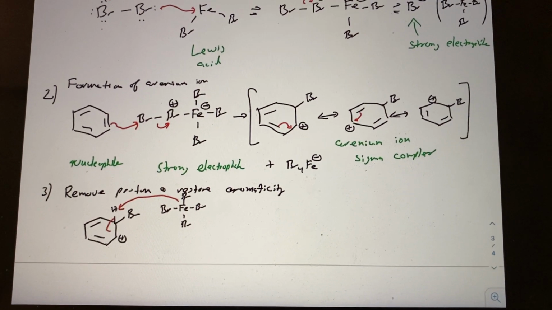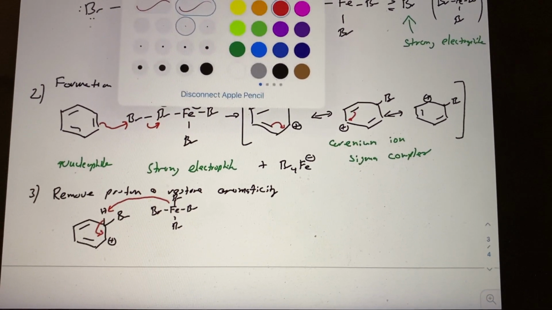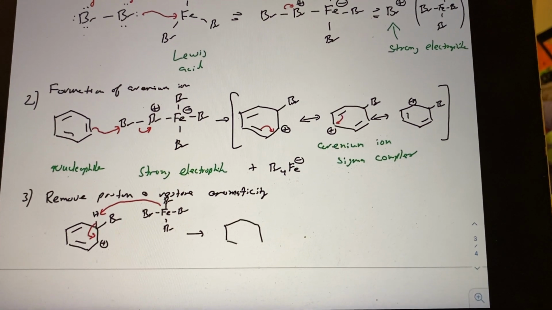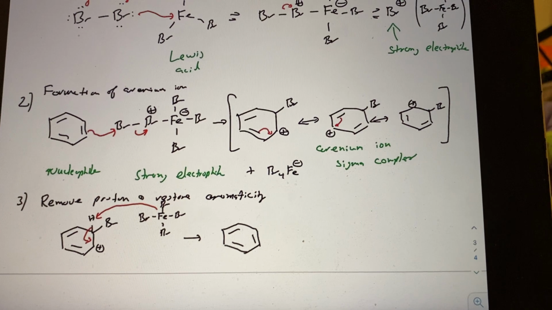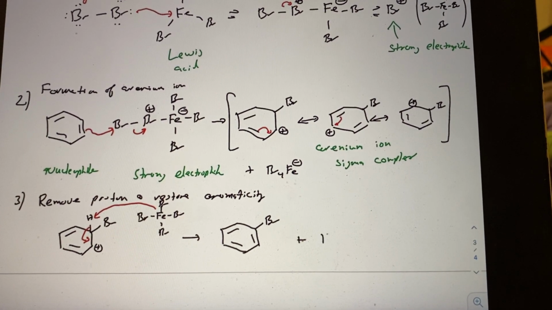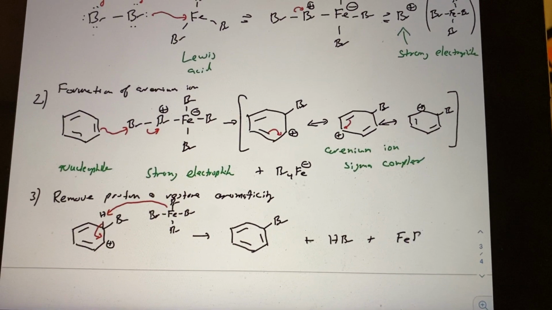We'll use those electrons in the carbon-hydrogen bond to reform the double bond. Let's see what that gives us. So now what we've ended up doing is we reform that double bond, have our bromine, and HBr plus FeBr3.